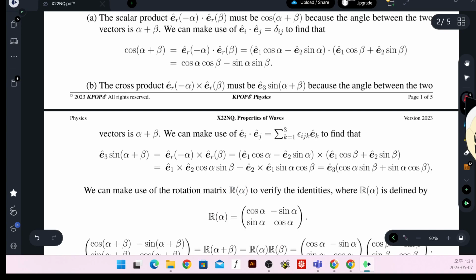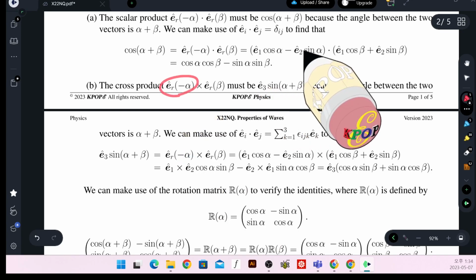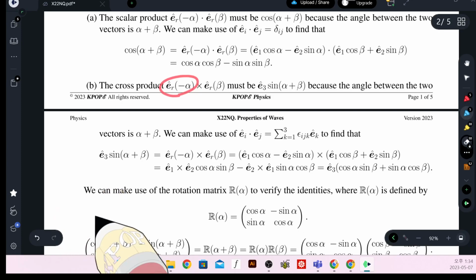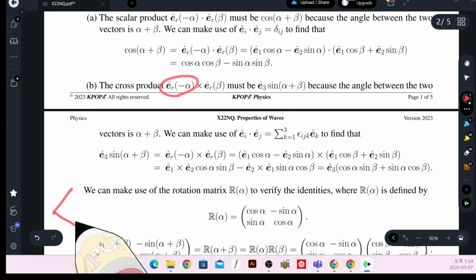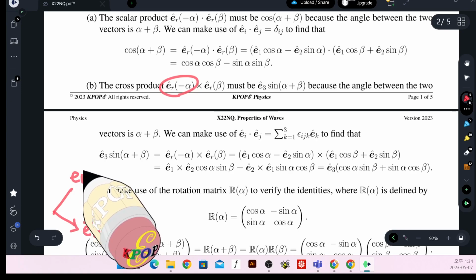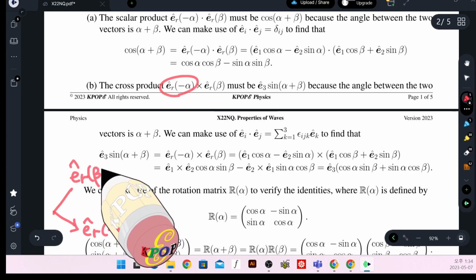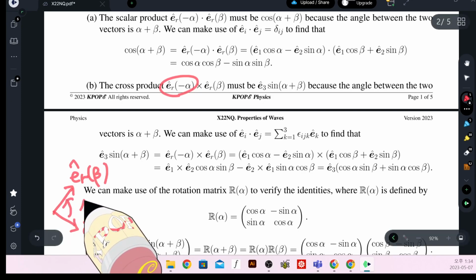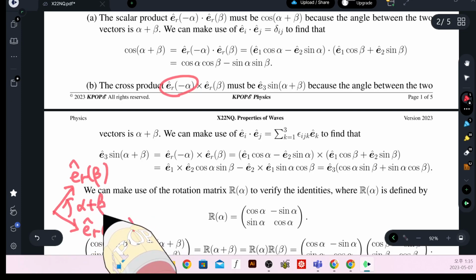Now, still we use this. And if we have two vectors, if we draw two vectors, e_r hat minus alpha and e_r hat plus beta, the angle from this to there is alpha plus beta.